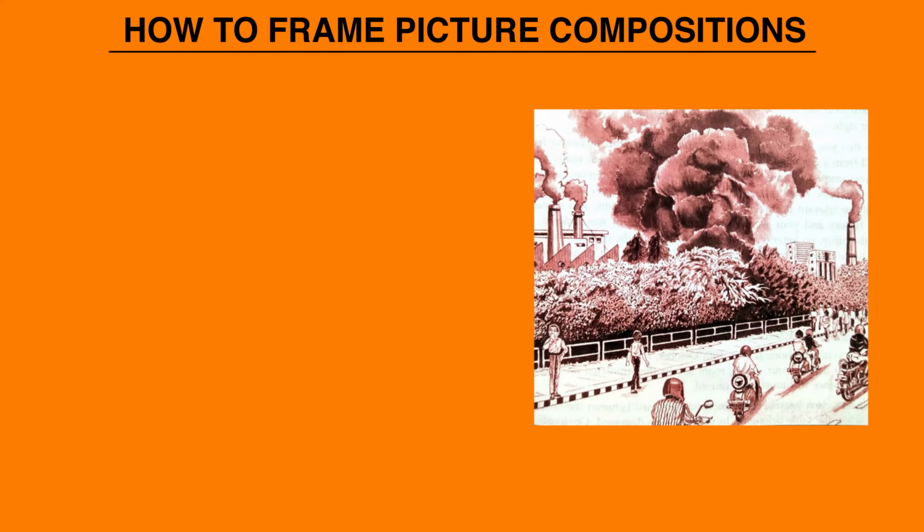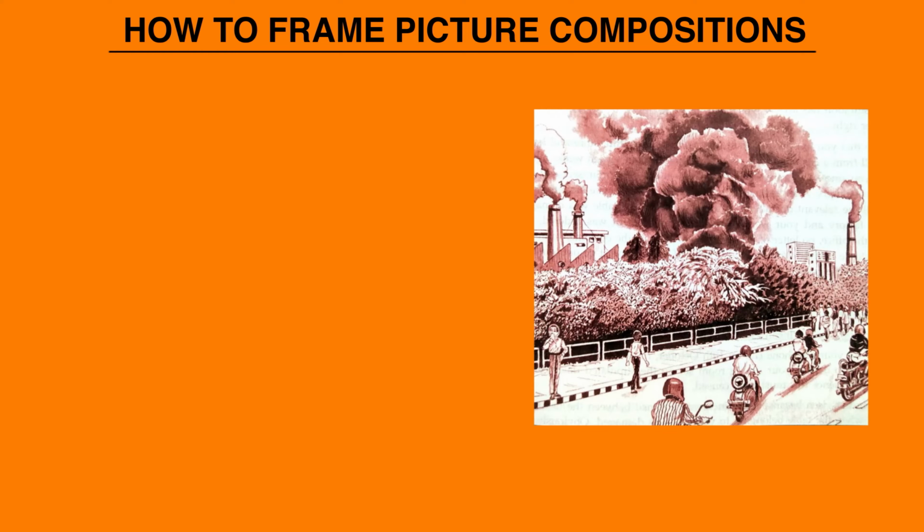This is the next picture. As you can see, this picture is very suggestive. There's a road in the picture. There are 4 scooters on the road. Perhaps 2 scooters and 2 bikes. There's a man walking on the pavement.